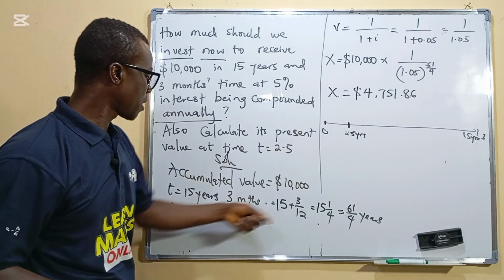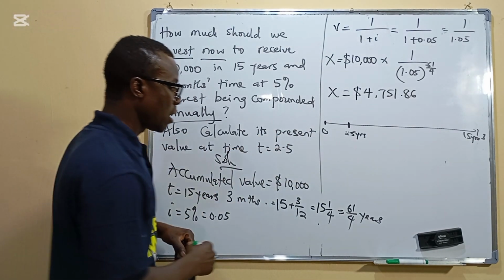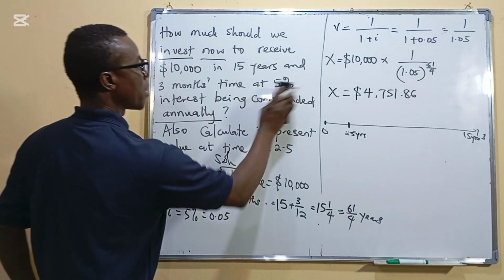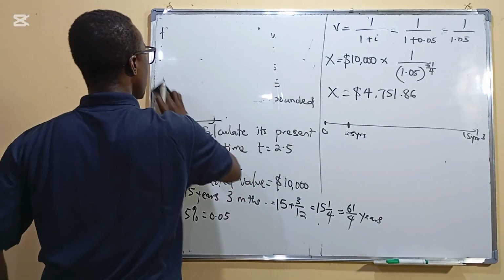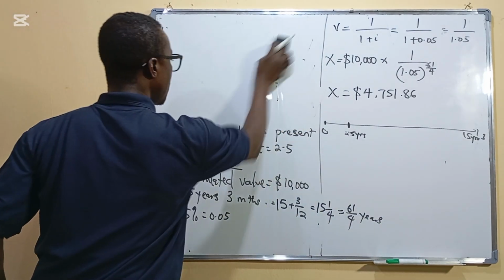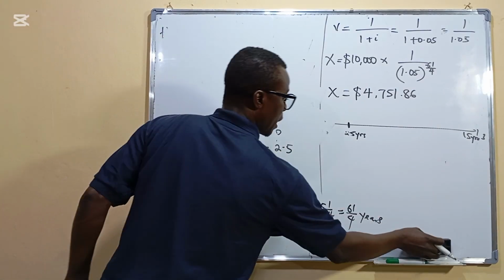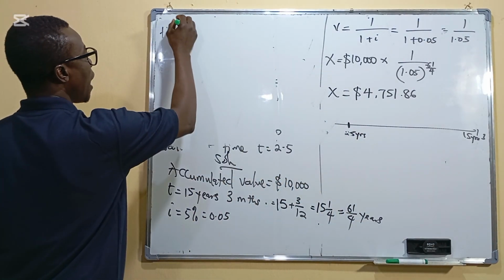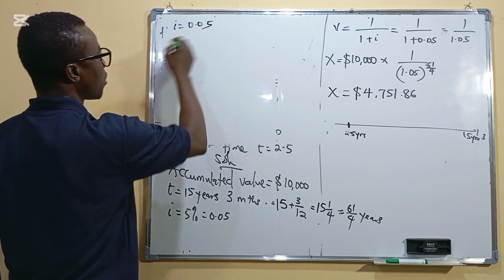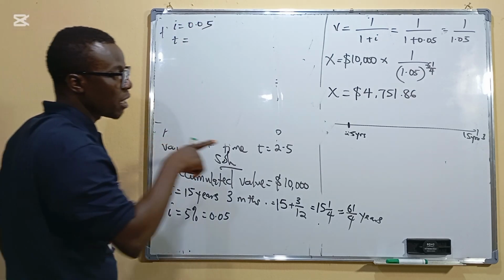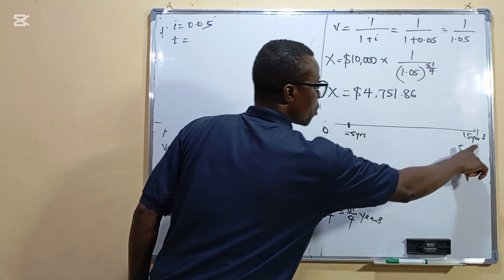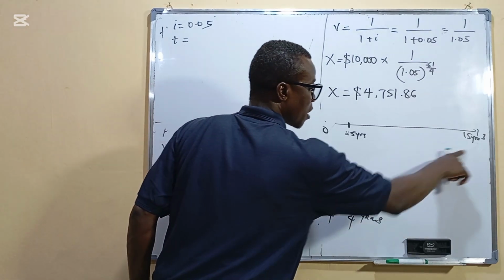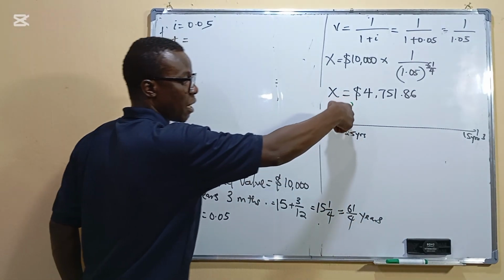So that's what it's saying: also calculate its present value at time t equal to 2.5. The parameters still remain the same, but there'll be a little difference to the time. I know that i is 0.05, but the duration is not going to be 15 years, 3 months, because it's starting at this particular point.